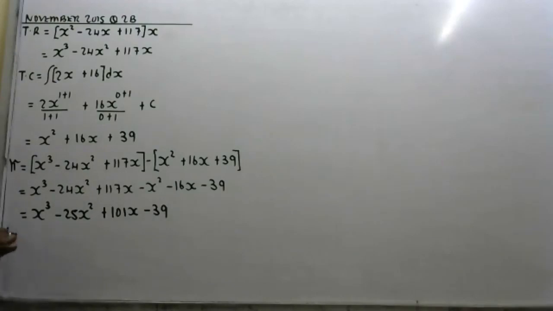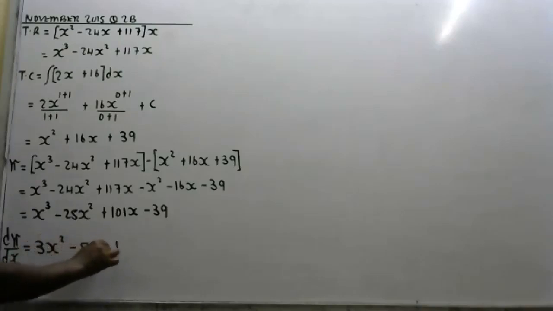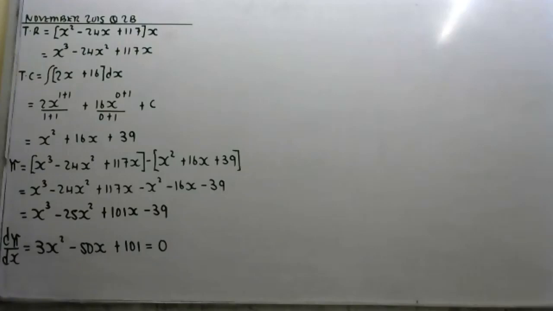So the differential of pi with respect to x. Let us differentiate this one with respect to x. We shall get 3x squared minus 50x plus 101, which should be equal to 0.